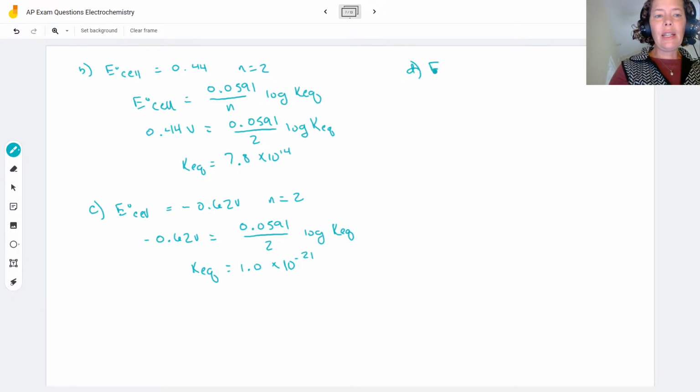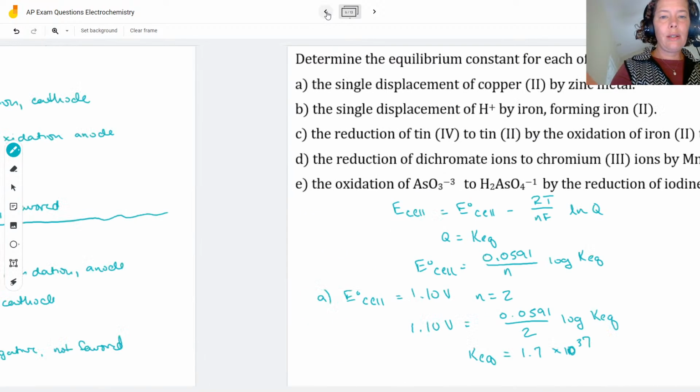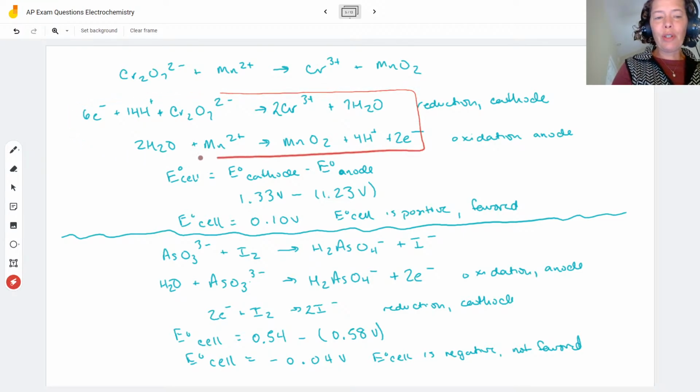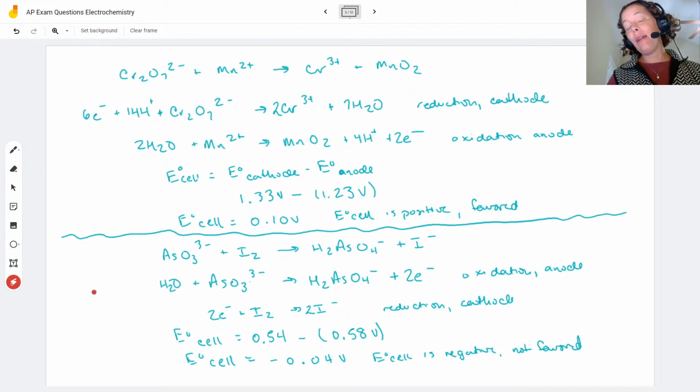So for D, we calculated an Ecell of 1.33 volts. Now for this one, our n equals 6, and I'll show you why. Remember we broke this one up into our two half reactions, but because we didn't need a balanced redox equation in the end, we didn't bother to add them together.